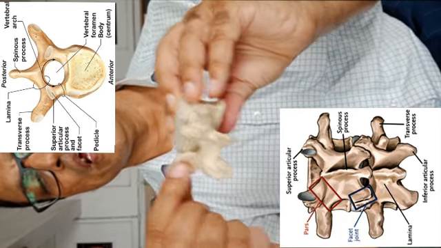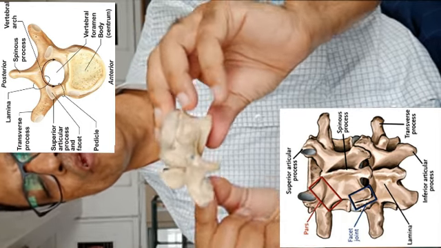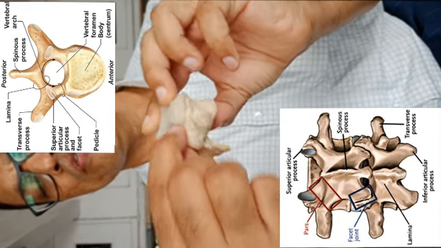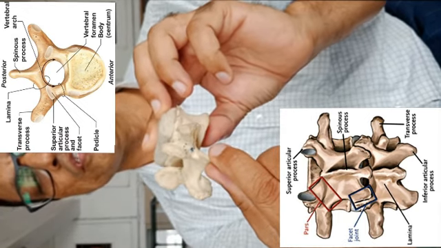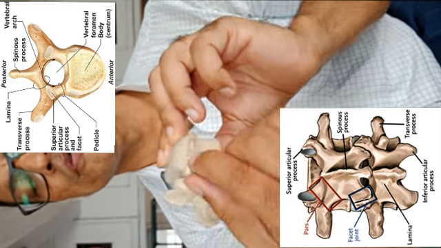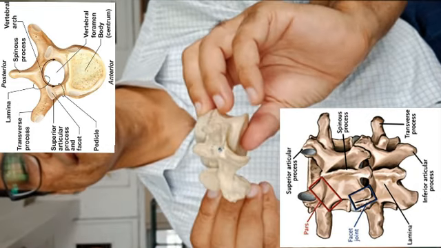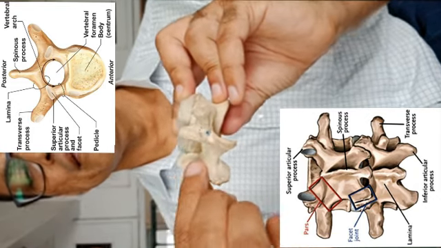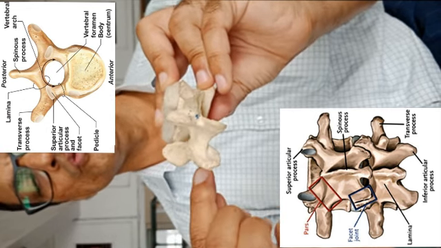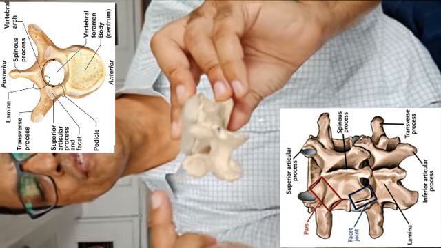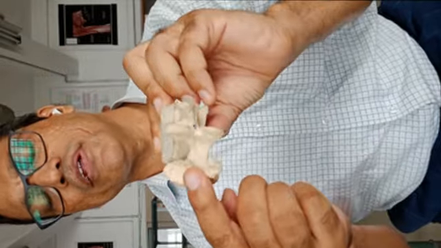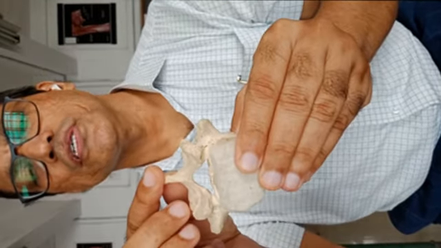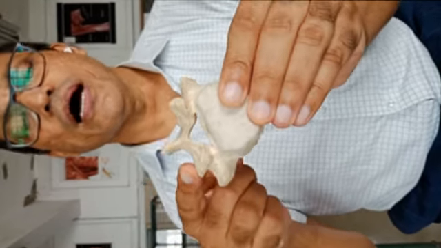One is superior articular process, inferior articular process, superior articular process, inferior articular process on both sides, transverse process on both sides, then spinous process. So 1, 2, 3, 4, 5, 6 and 7. These are the 7 processes of the posterior arch.